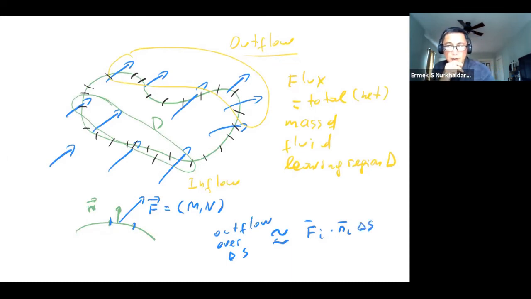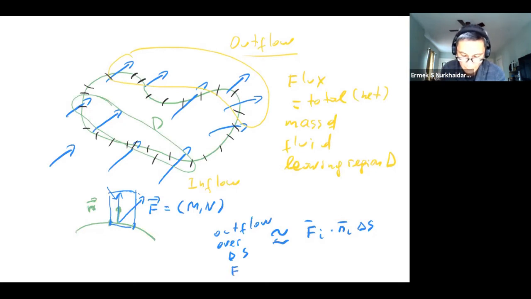Okay? So F_i dot n_i will project it into here. That part will be F_i dot n_i, the magnitude of that piece parallel to the normal vector. And then we multiply it by how much length we have. We're basically calculating that rectangle, and that's how much fluid outflow we have. Then we add them up together.